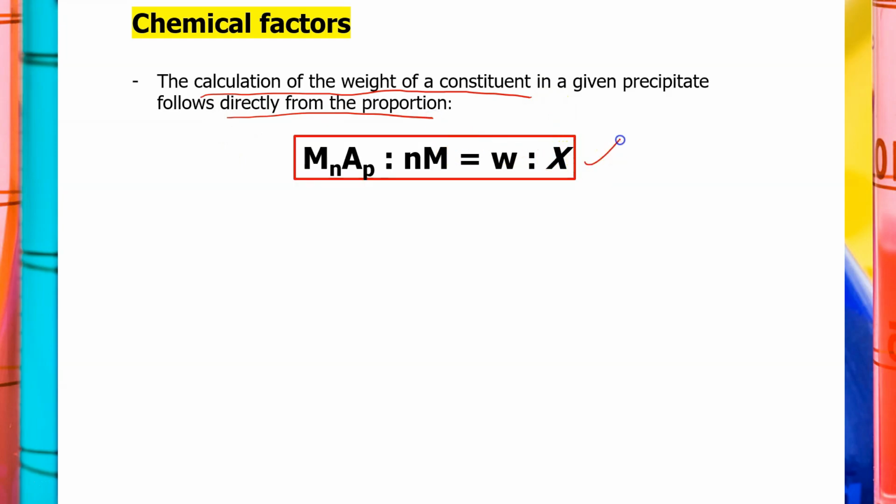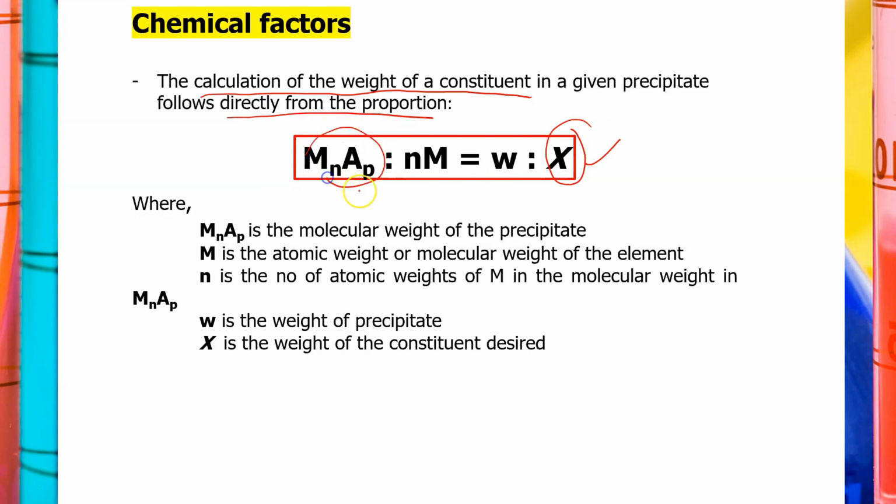So, this is the formula that is used to calculate the constituent desired, where Ma is the molecular weight of the precipitate, M is the atomic weight or molecular weight of an element, and this one is the number of atomic weights of M in the molecular weight Ma. W is the weight of the precipitate and X is the weight of the constituent or analyte desired that we need.